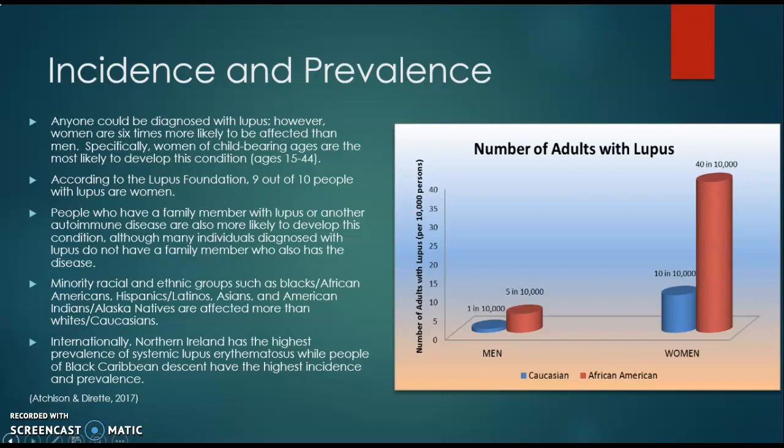Those in the minority racial and ethnic groups tend to be affected more than Caucasians do. I also found that Northern Ireland has the highest prevalence of systemic lupus, while people of Black Caribbean descent have the highest incidence and prevalence.